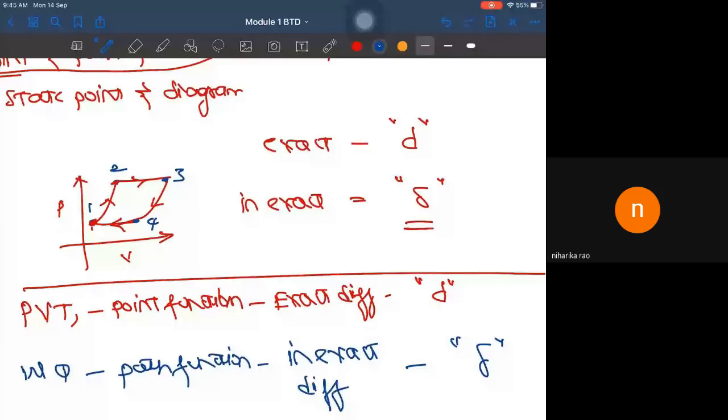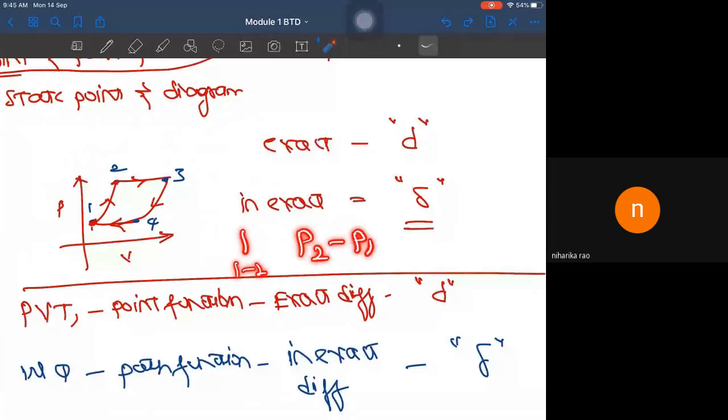The point functions are called exact differentials just for the reason that they can be calculated as a difference between two states. If I want dP from process 1 to 2, I can just write it as P2 minus P1.